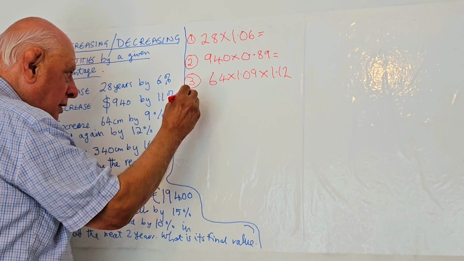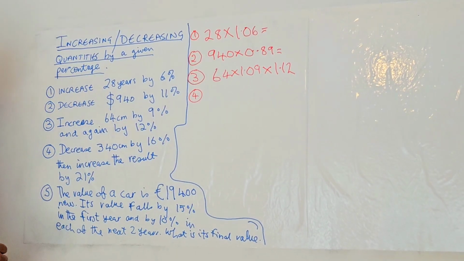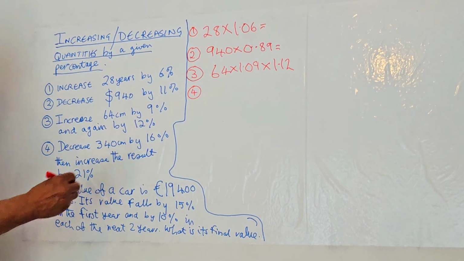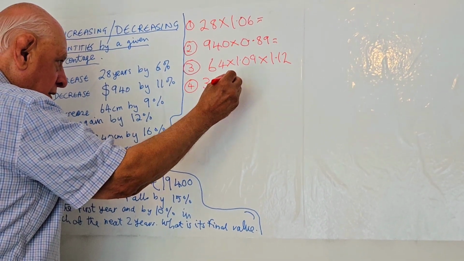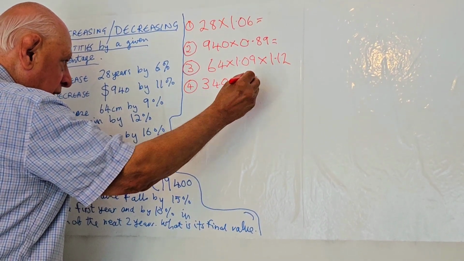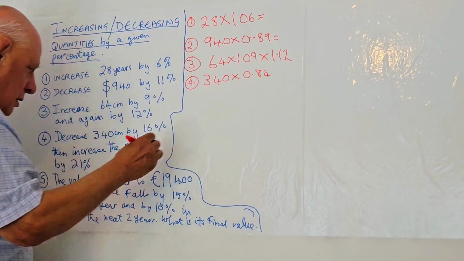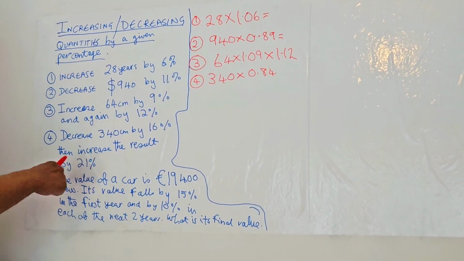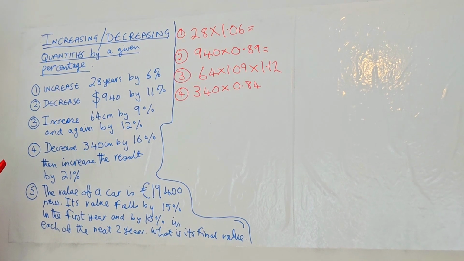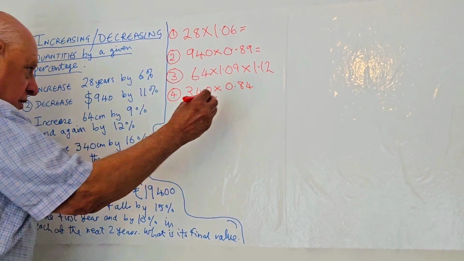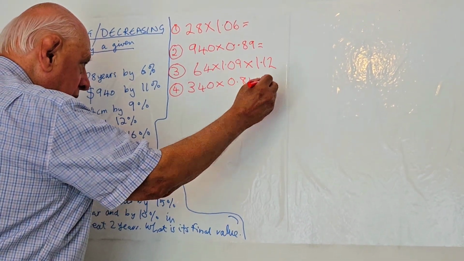And the fourth one is decrease 340 by 16%. That would be 84%, which is 0.84. And then increase the result by 21%. So that's 121 divided by 100, which is 1.21.